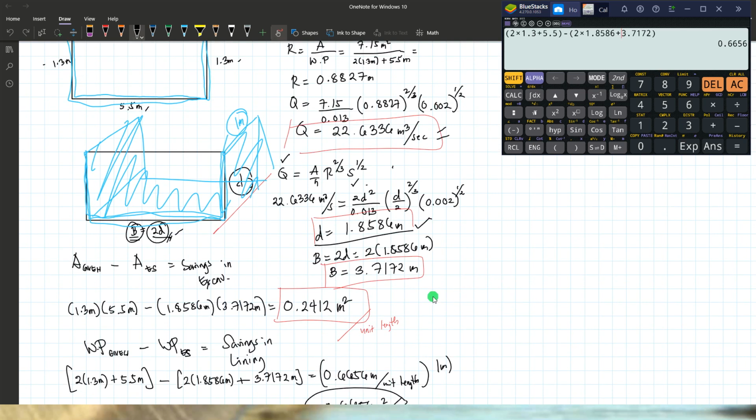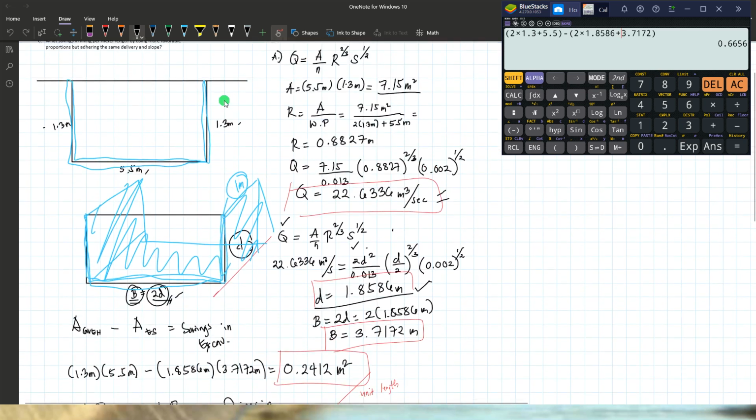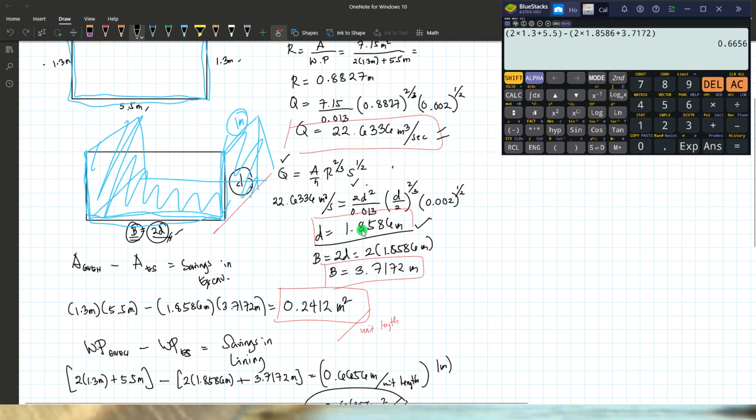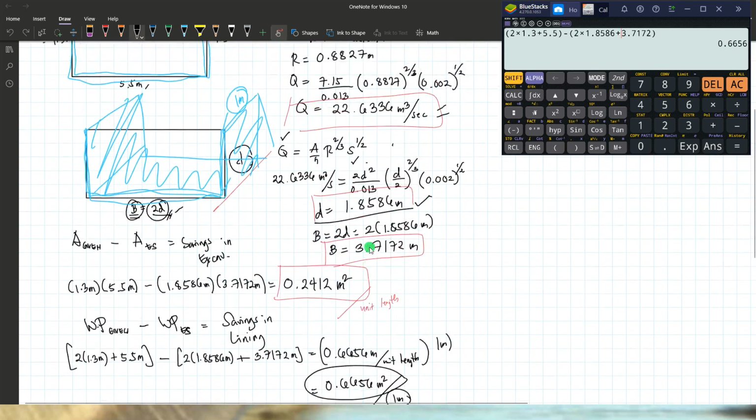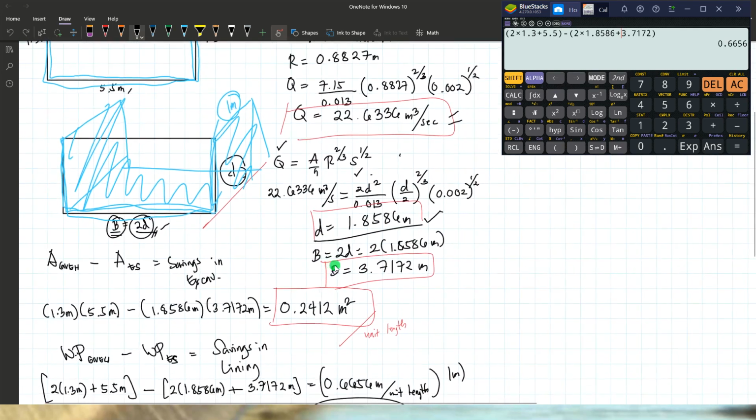Since we don't have a given total length of this channel here, we cannot really determine the total volume that is being saved using the economical section. So when we compare the two, we just simply subtract the area, then we have a unit length of 1 meter width.